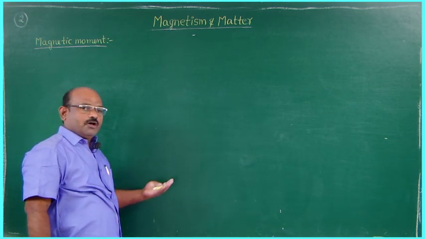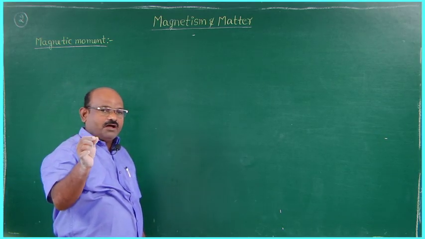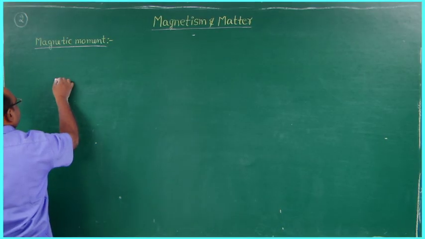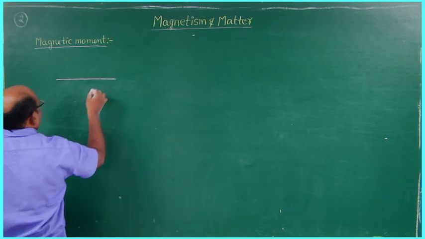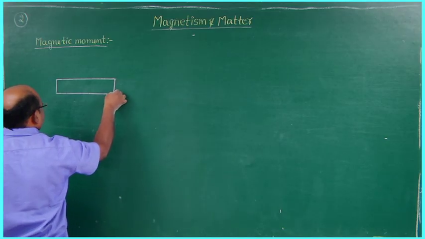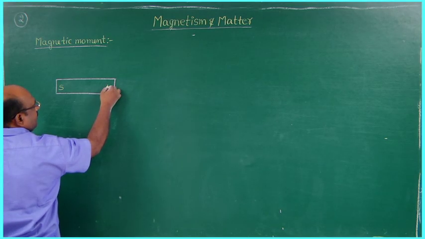Actually, what is a bar magnet? The bar magnet is commonly used in the form of artificial magnet. Suppose you take a bar magnet, this is the bar magnet. See, this is the south pole and it is the north pole.